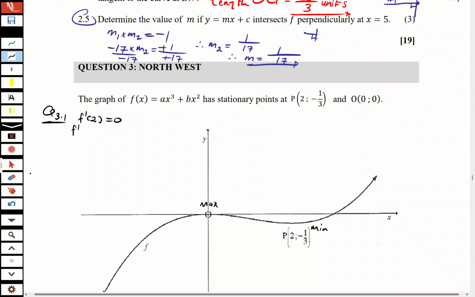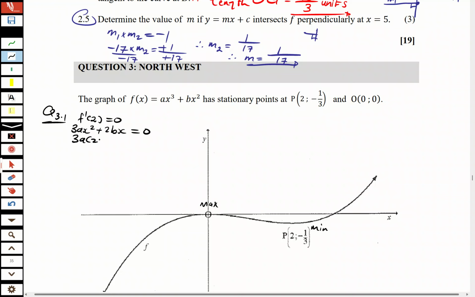The first derivative of this function, you'll have what? 3ax squared plus 2bx. This has to be equal to 0. Now remember, we have to place in this first derivative, in the place of x, 2.